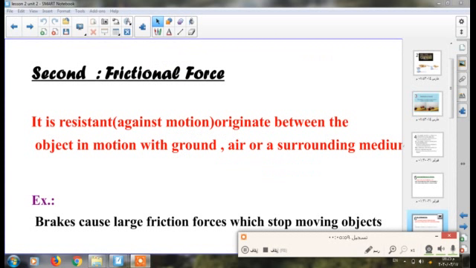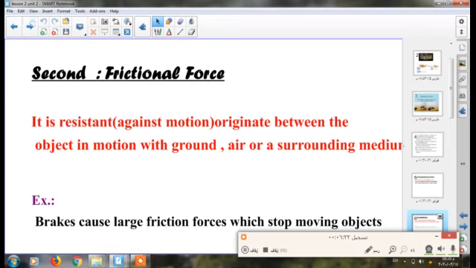If we imagine that we move on a smooth road and on a rough road: on the smooth road, the friction force decreases, so we can move faster than on the rough road, because on the rough road the friction force increases, so the velocity decreases. So the relation between the friction force and the speed is inversely proportional. By increasing the friction force, the speed of the object decreases.